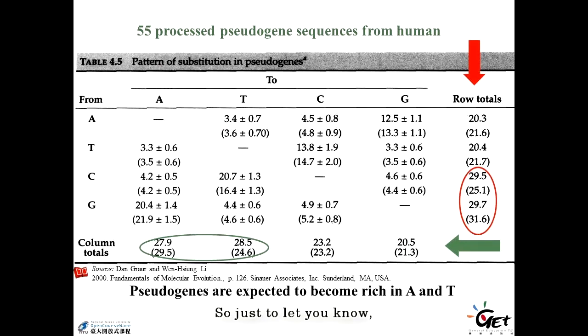So you have to be cautious when you look at those processed pseudogenes. Maybe a small proportion of these are functional at a certain time or tissue. So this is just to let you know. We know more about those processed pseudogenes, or the functional ones, which now we call retrogenes.